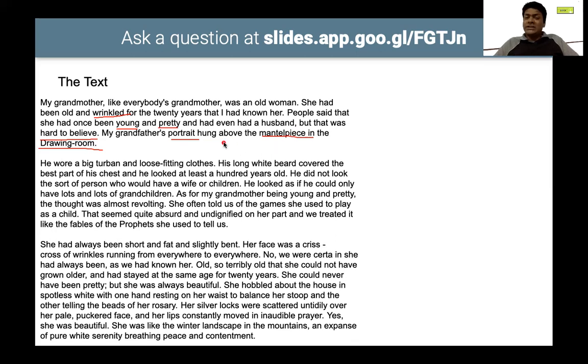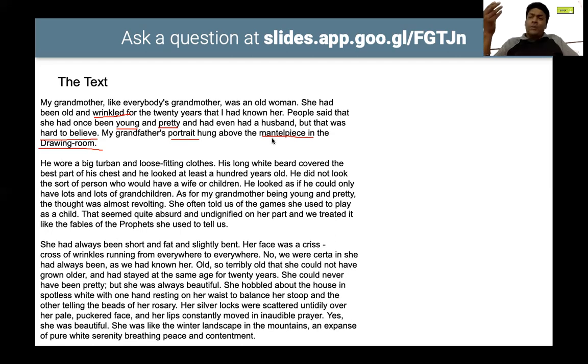So he also stated his grandfather's portrait. Here, the meaning of portrait is a photo, a picture, or a frame. He said that the picture hung above the mantelpiece. A mantelpiece is a kind of a shelf, or you can say it is a fireplace.